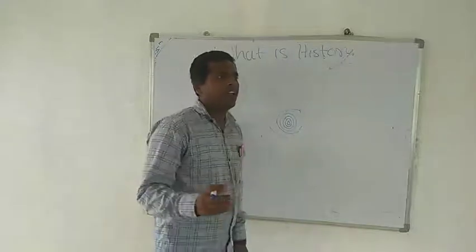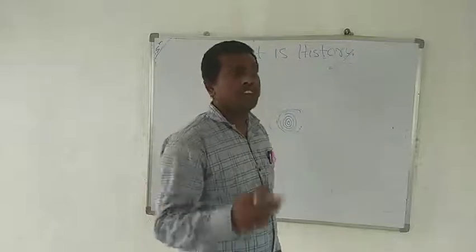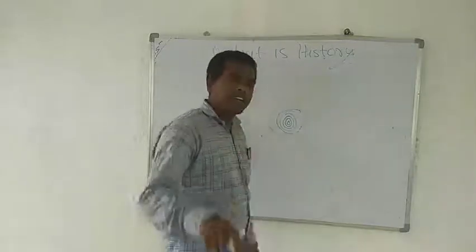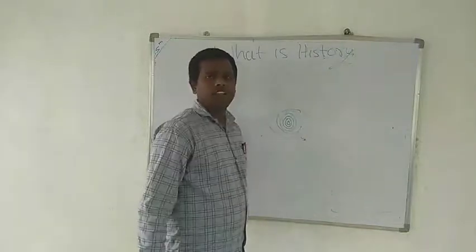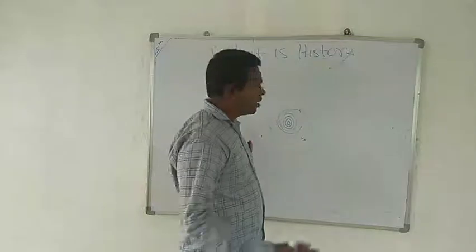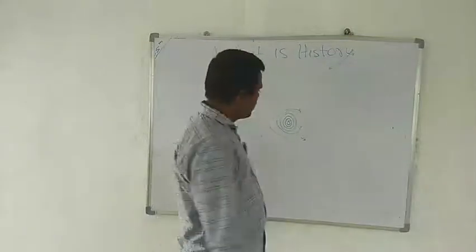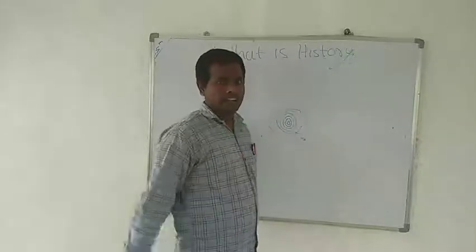If the tree was 1 year old, it makes one ring in its wood. Then when the tree becomes 2 years old, a second ring is created.